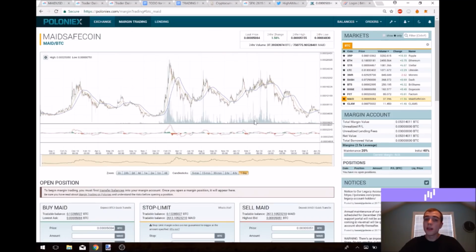Now, because margin is risky and you can get liquidated, I like to stick to very, very small amounts when I'm doing so, because the profit margins are so high that it doesn't matter that you're not going all in. I highly recommend not over leveraging your account and never ever go all in on margin.